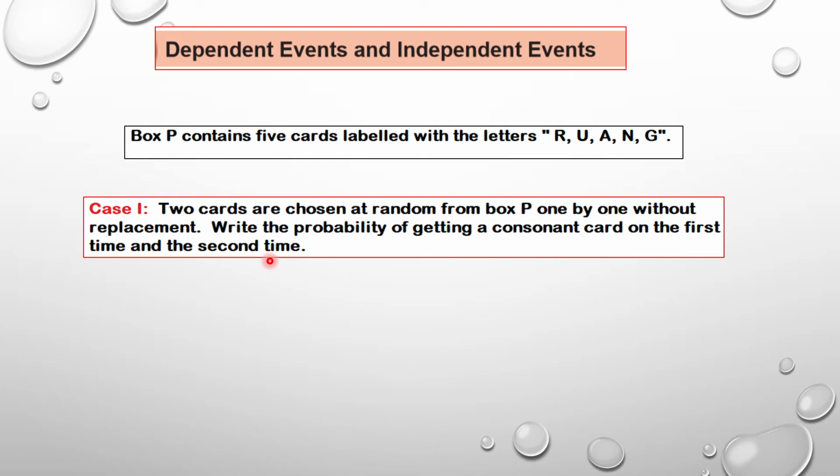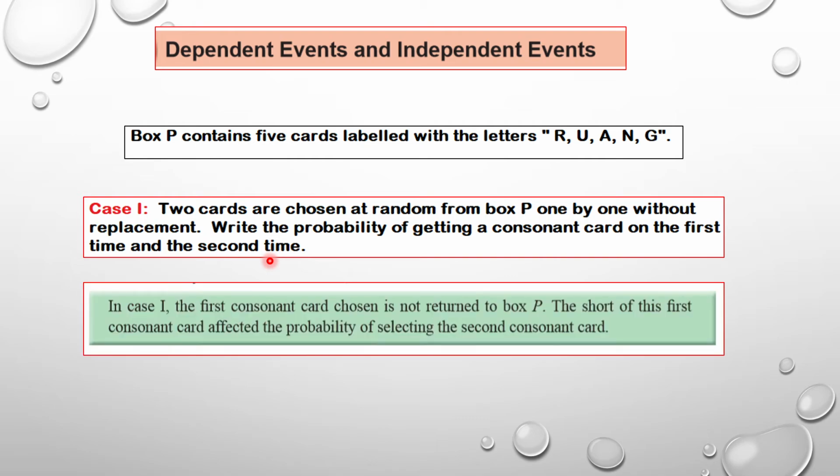Therefore, here the occurrence of the first event affects the occurrence of the second event. Therefore, this is an example of dependent events. Okay. Now, in case 1, the first consonant card chosen is not returned to the box P. The first consonant card affected the probability of selecting the second consonant card.